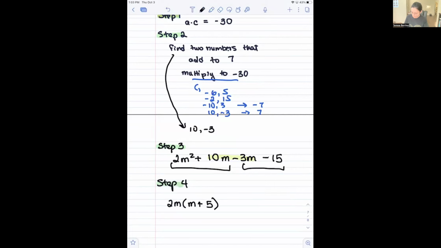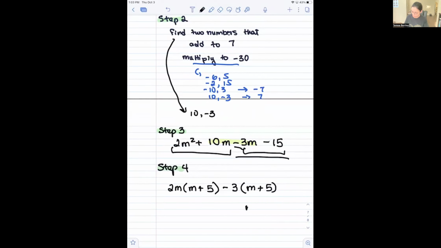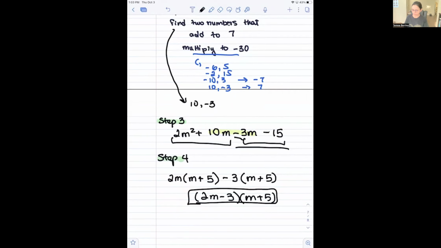On this other side, I have to be careful to include that negative. I have minus 3 times m plus 5, and that is from this group over here. Now I know what's common between those two, m plus 5. And I multiply that by 2m minus 3, and I just solved my problem using the AC method, okay?